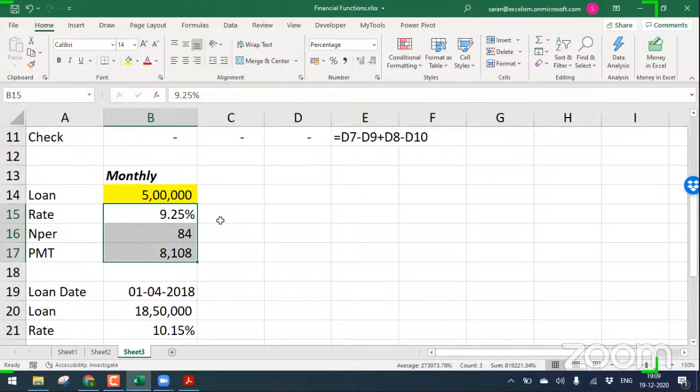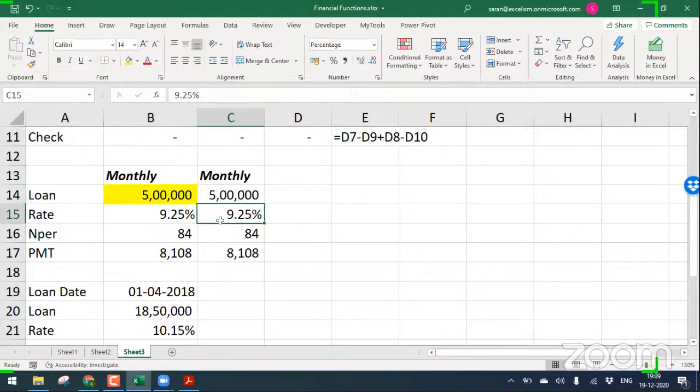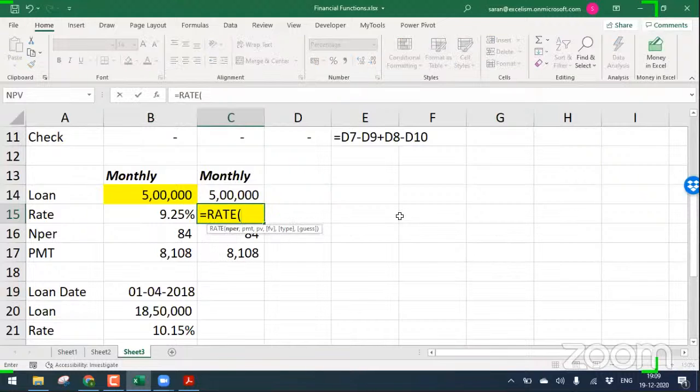Or else, let's say the situation where I have 5 lakh. Okay, so in this case, rate is not there. Rate is missing. Can I calculate the rate? Of course. You have a function called RATE. So number of periods is this, comma. My PMT is this, comma. My present value is this.